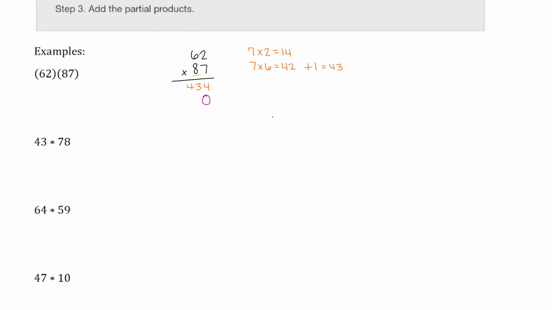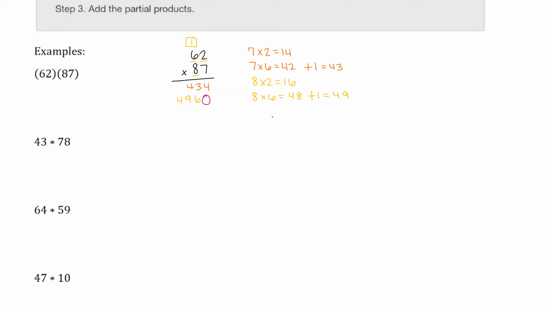We'll do 8 times 2, which makes 16. The 6 comes down, the 1 goes up. Then 8 times 6 makes 48, but we had this 1 carried over, so we add that to make 49. So we'll put 49 next to it.